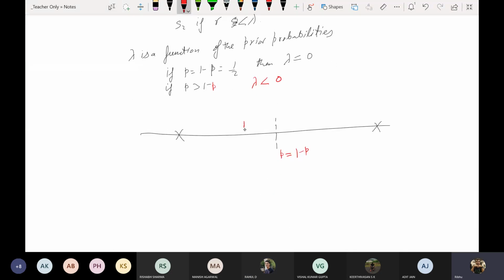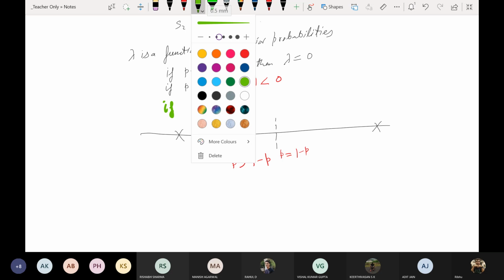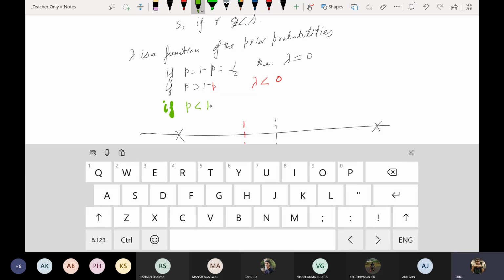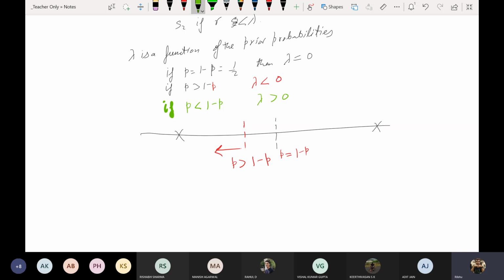I can draw another line here, and let's try some thinner green. If P is less than 1 minus P, lambda is greater than 0, which is obvious.